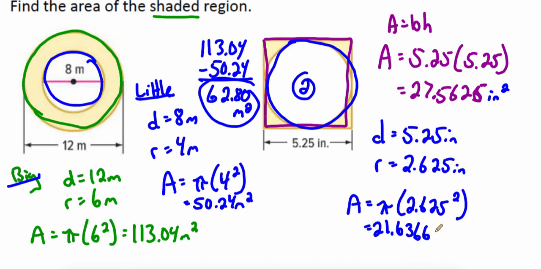And then when we're done, remember, take the big area minus the little. So 27.5625 minus 21.6366. Going to subtract them.